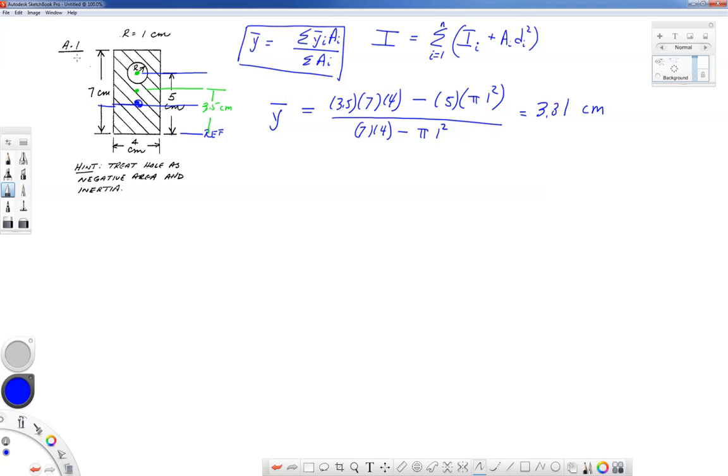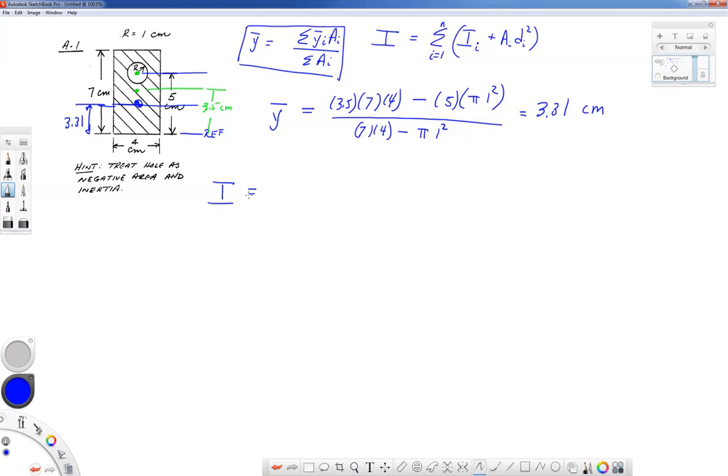And what that means is the distance from the reference line to the centroid of the composite region is 3.31 centimeters. Next thing I need is the moment of inertia of this shape about this horizontal line that goes through the centroid, this blue line that I have sketched in here.